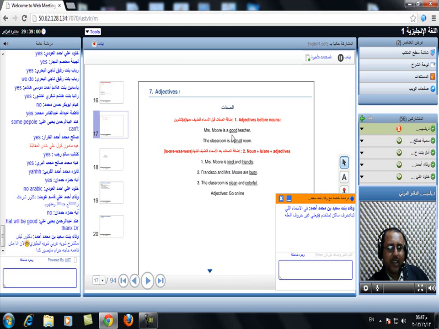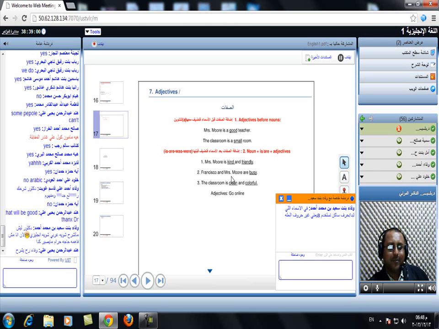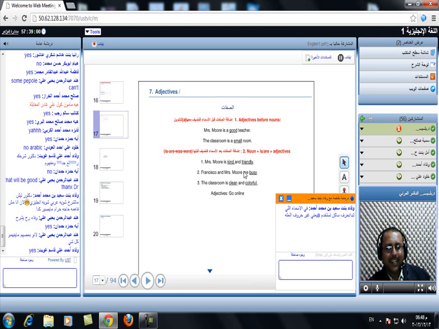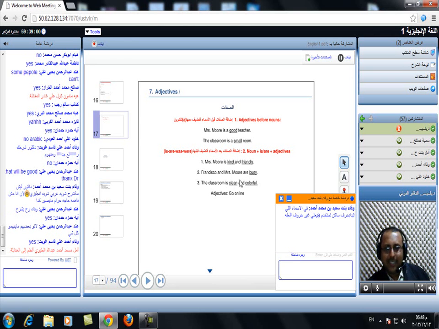The adjectives may come before nouns in English, or they can come at the end of sentences. So the adjective either comes before the noun in English or comes as a complement, meaning it completes the sentence. The adjective may come as a complement at the end of sentences.